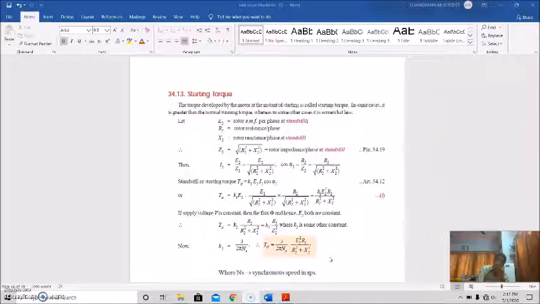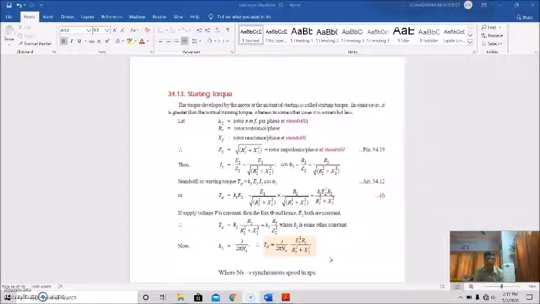Now, if the rotor emf per phase at standstill condition is capital E2, the rotor resistance per phase is R2, and X2 is the rotor reactance per phase at standstill condition, then the rotor impedance per phase at standstill condition will be Z2 equal to root over of R2 square plus X2 square.